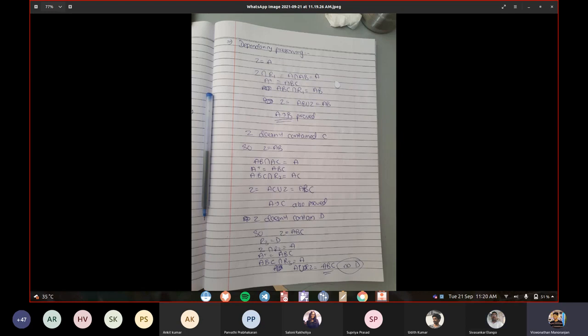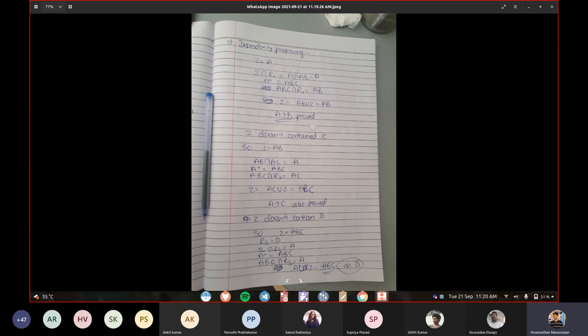So I'll explain. I've taken Z equal to A first because the first relationship is A gives C. I did Z intersection R1, where R1 is AB, so I got A. A closure is ABC. ABC intersection R1 is AB. Then to update Z, Z is equal to AB union Z, which is AB.